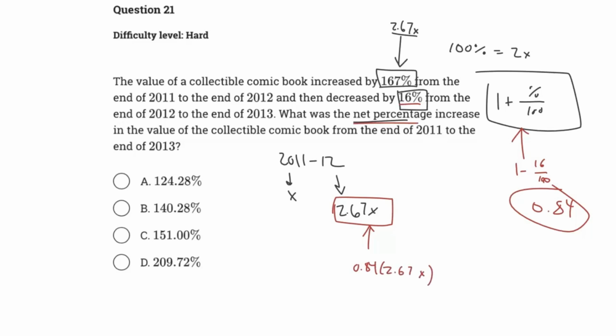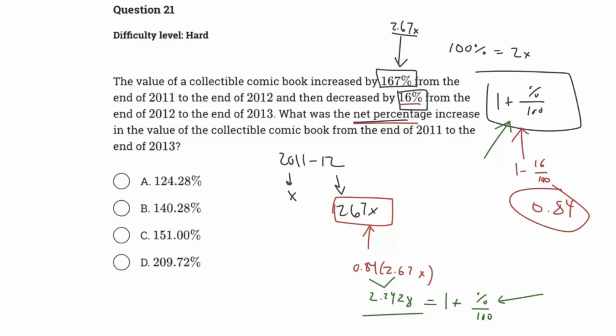And so to find the net percentage here, we just multiply these two values. 0.84 times 2.67 gives us a value of 2.2428. This is not the percentage, it's a scale factor, right? So now we can utilize this equation again. We set this equal to 1 plus percentage over 100, and we just solve for that percent change.